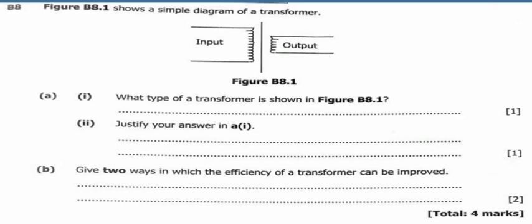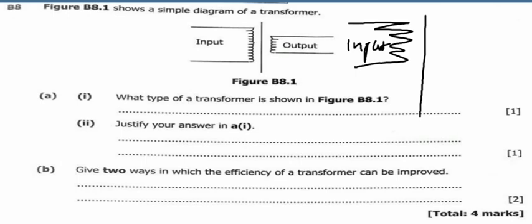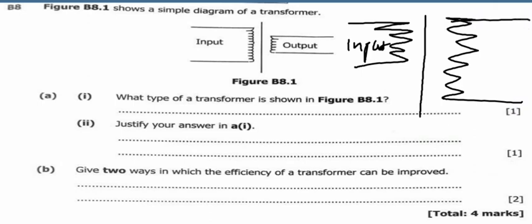On the primary coil, the input, we are going to have fewer number of turns. Then on the secondary coil, which is the output part, we are going to have many number of turns. So when you see such a diagram, it represents a step-up transformer.